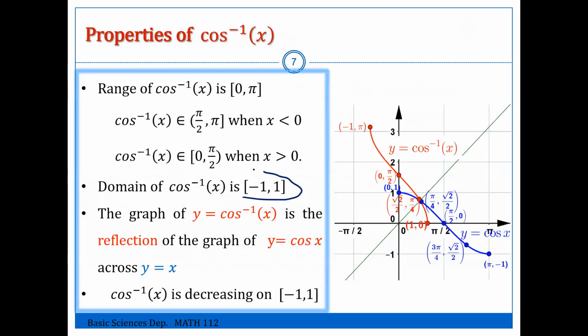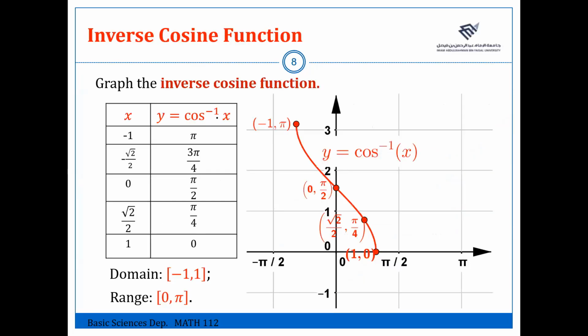The domain is minus 1, 1. It is decreasing. وقال لي if x is positive راح النتيجة تكون زاوية في الكوادرنت 1 و if x is negative النتيجة راح تكون زاوية في الكوادرنت 2. So this is the graph again.